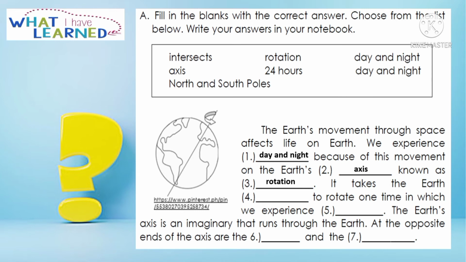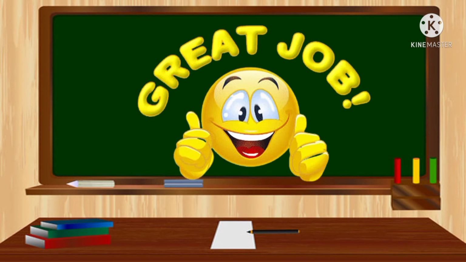It takes the Earth 24 hours to rotate one time, in which we experience day and night. The Earth's axis is an imaginary line that runs through the Earth. At the opposite ends of the axis are the North and the South poles. Great job!